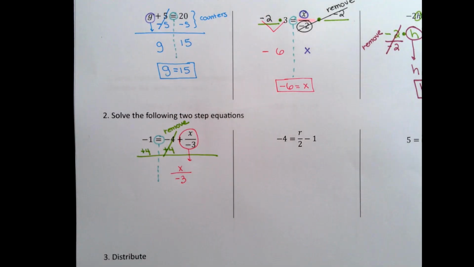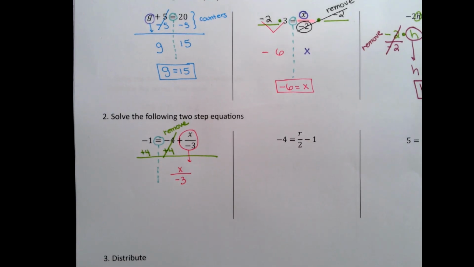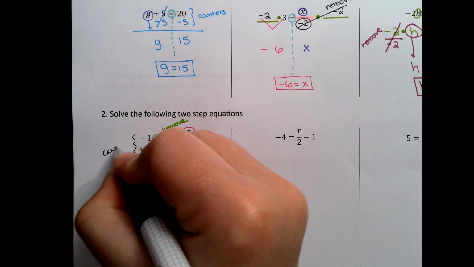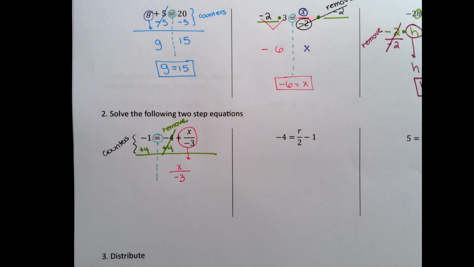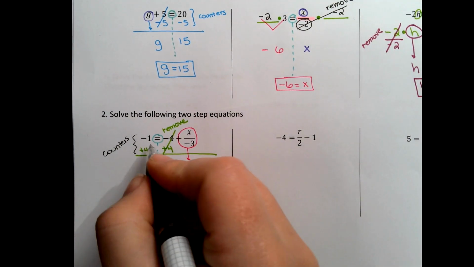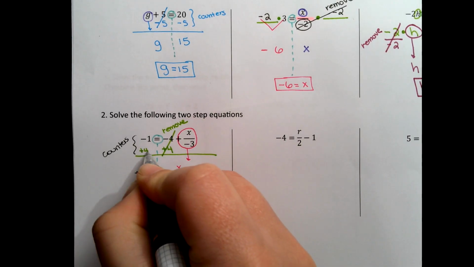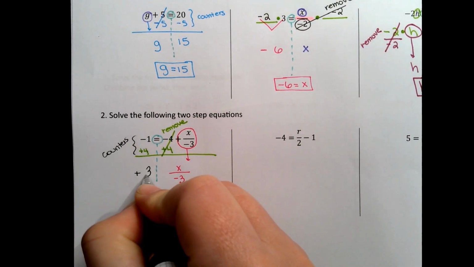On this other side, our task is to use counters to add and subtract in this step. So we have 4 pluses and 1 minus, which means negative positive. So 4 minus 1 is positive 3.